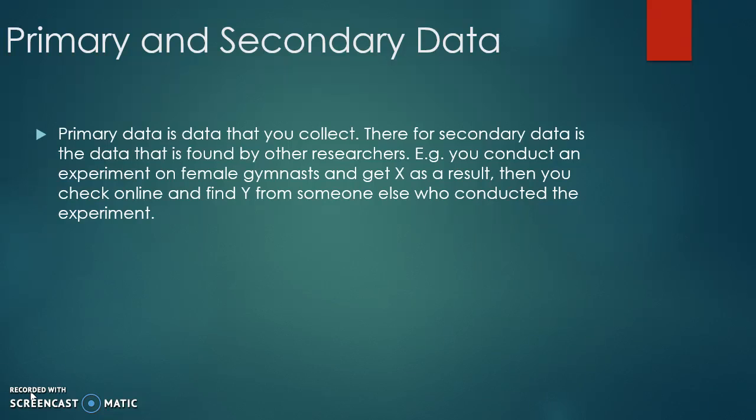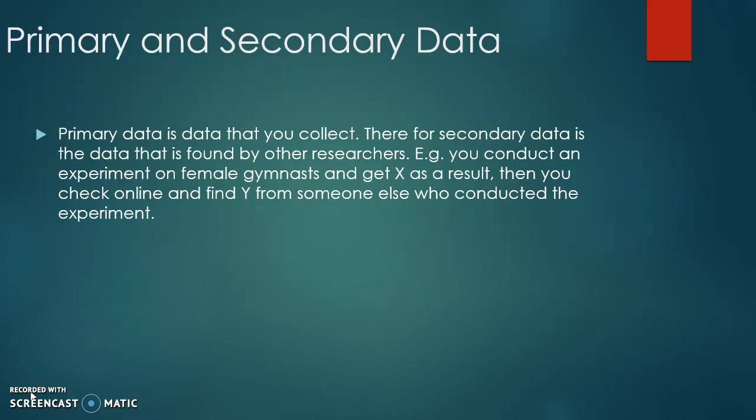A big problem with primary research is because you're doing the research yourself, it is very prone to bias from you because you will probably want a certain outcome from the research. So you could be manipulating it, whether intentionally or non-intentionally. So that is quite a big problem.